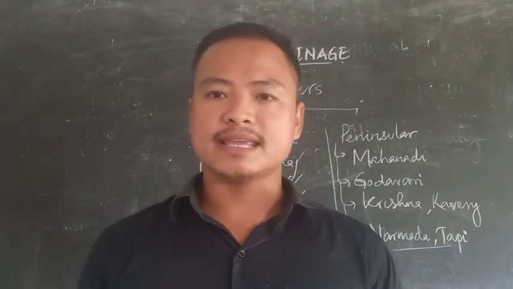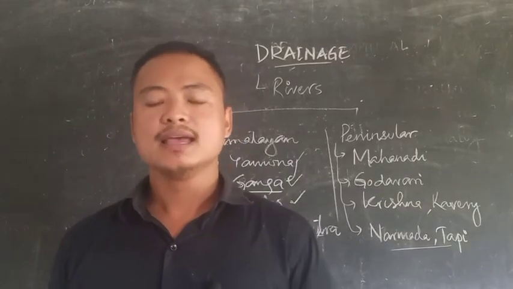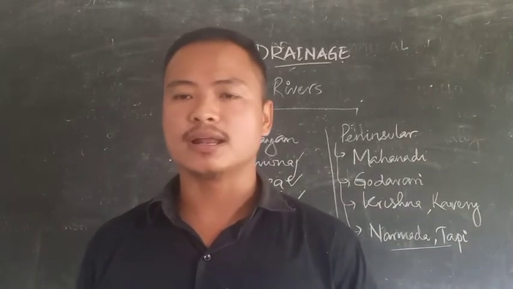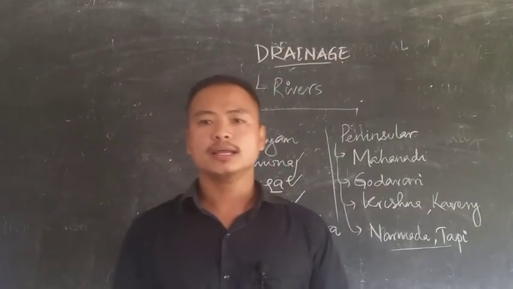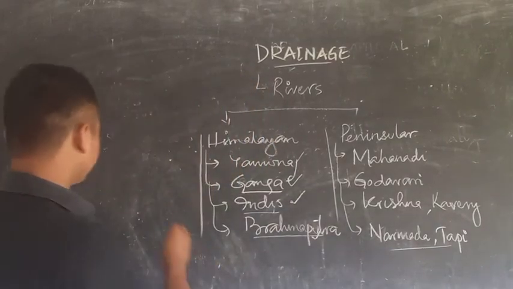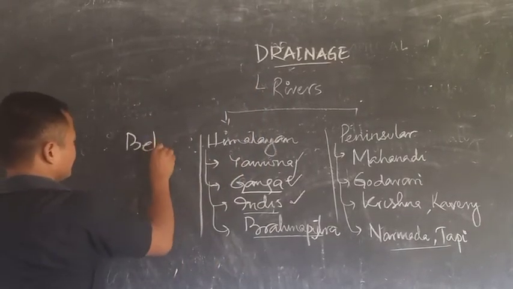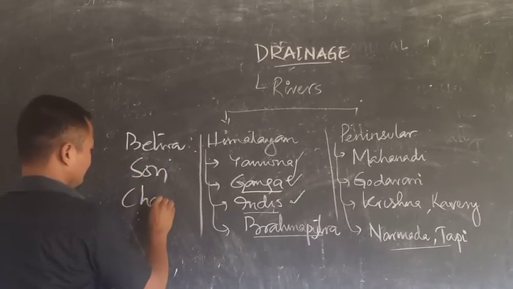Apart from these Himalayan and the Peninsula rivers, the major rivers in fact, there are also other peninsular rivers which neither flow to the Arabian Sea nor drain themselves into Bay of Bengal. They are Betwa, Son and Chambal.